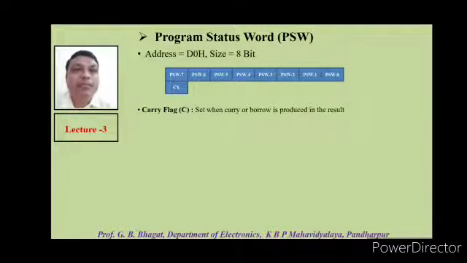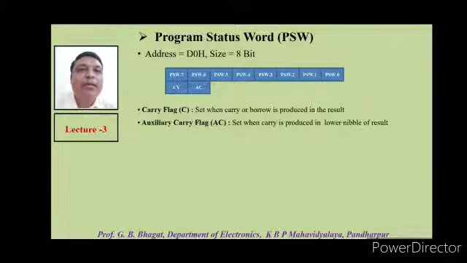That is, this PSW is used for various carries. This MSB of PSW is used for carry flag. Here, the carry flag will be set when any carry or borrow is produced in the result, otherwise it will be reset.